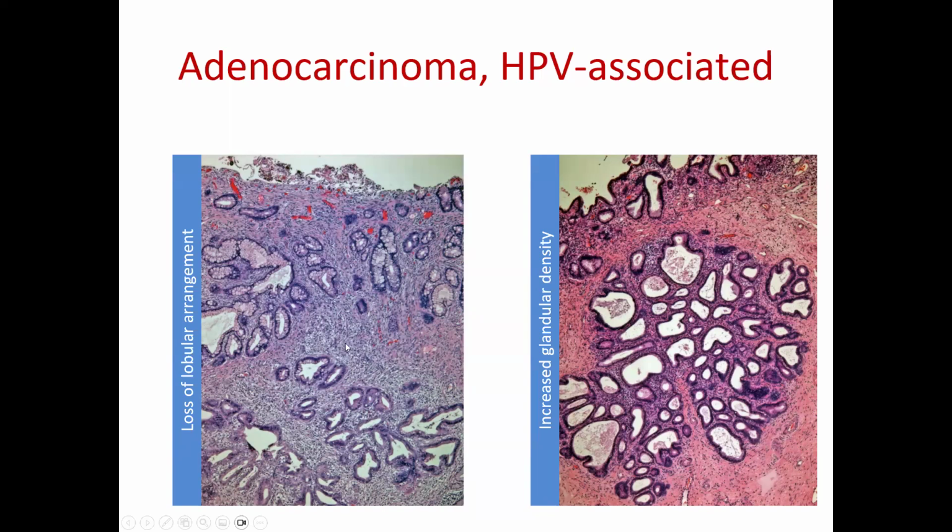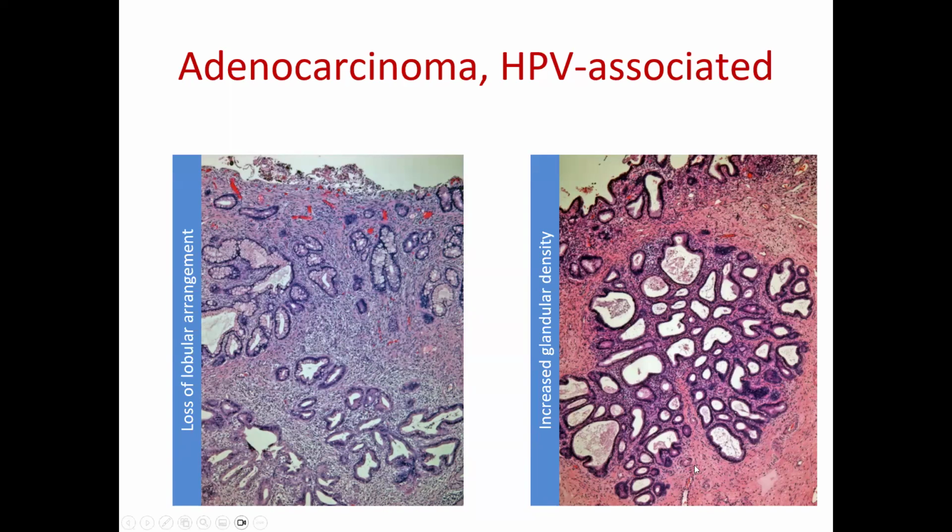Yeah, you can see some destructive stromal invasion, but you don't have to see that to call it invasive adenocarcinoma. Just losing the lobular arrangement will make it invasive adenocarcinoma. Here, this is not a nodular pattern. You can still see some nodular arrangement, but this is just way too much to be just an AIS.